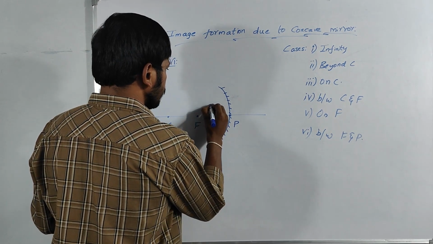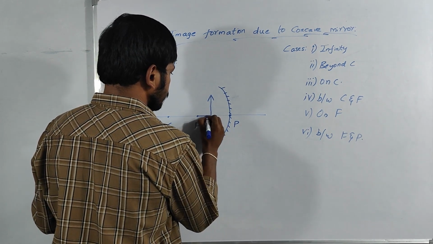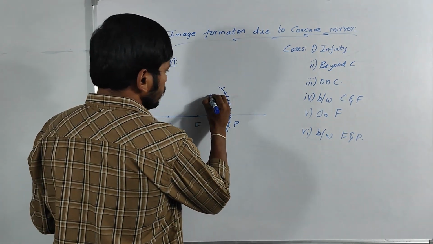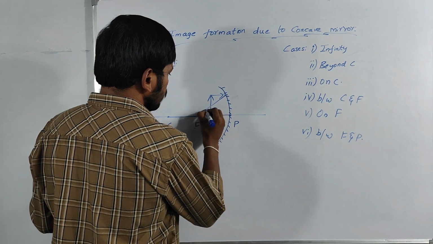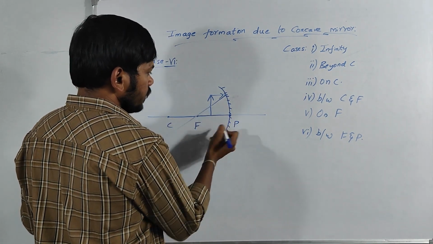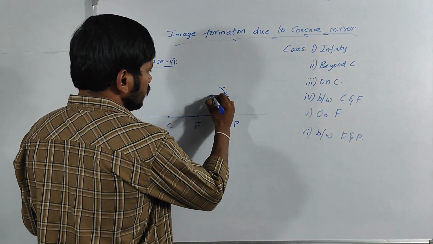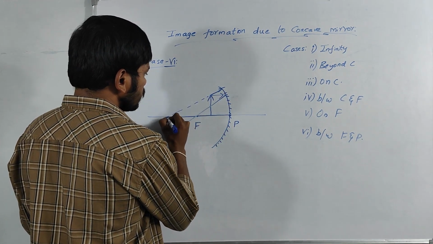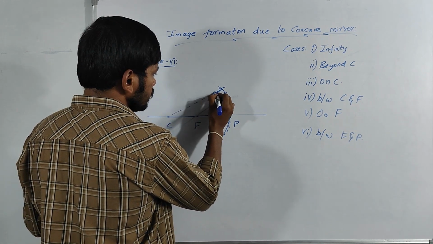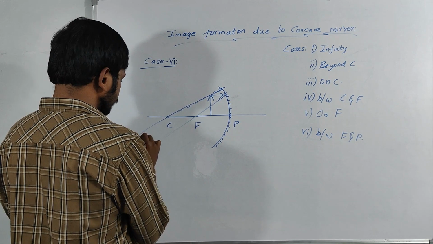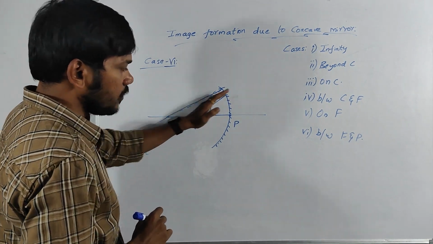Object is placed between F and P. Incident ray parallel to principal axis reflects and passes through focus. Now I can take angle of incidence equal to angle of reflection, or I will go with normal incidence now. It seems to be a normal incidence, no?